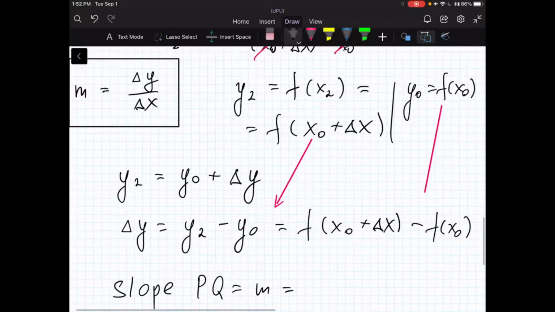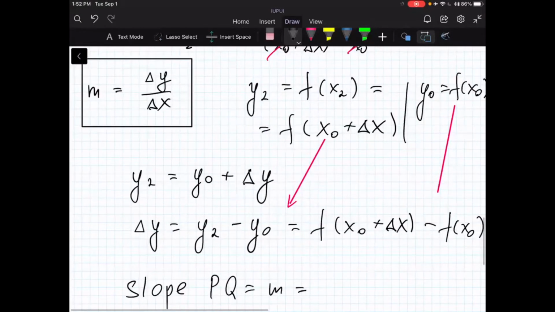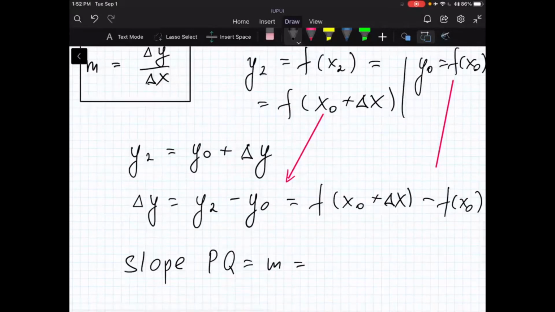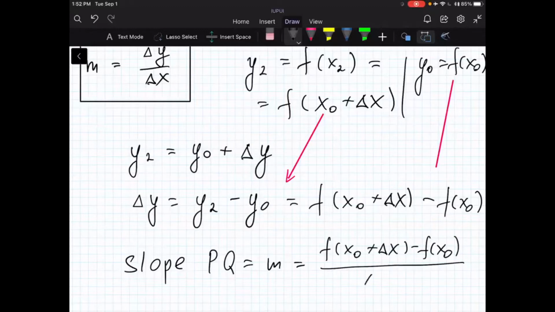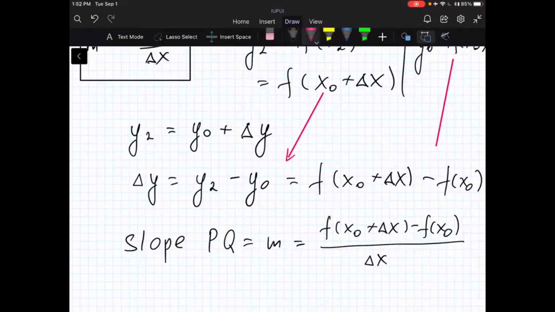We derive that it is delta y divided by delta x, but we see that delta y is the same as f of x0 plus delta x minus f of x0, divided by delta x. Okay, so this is the second important step.